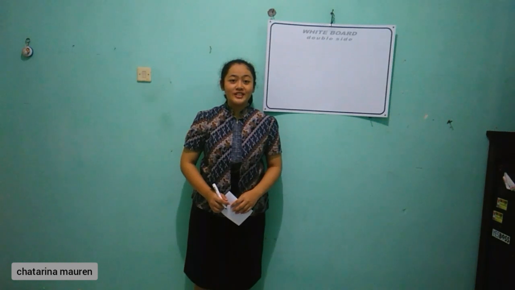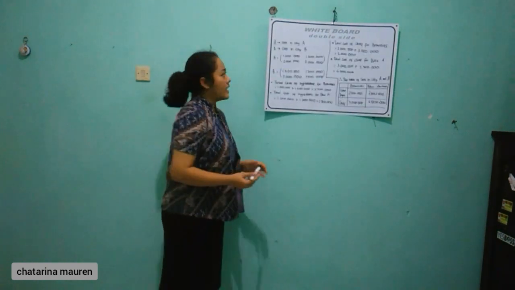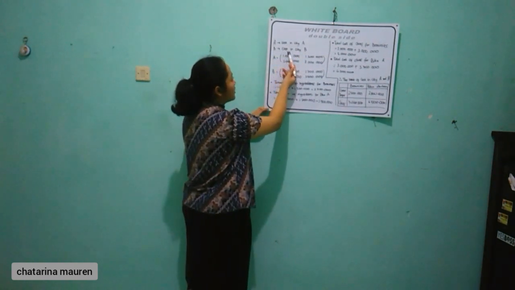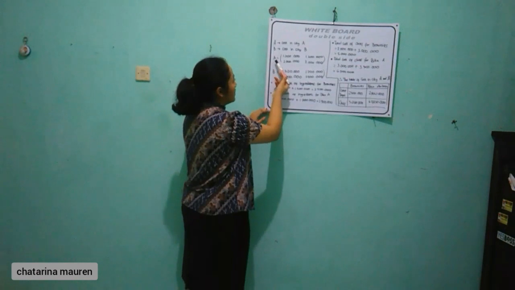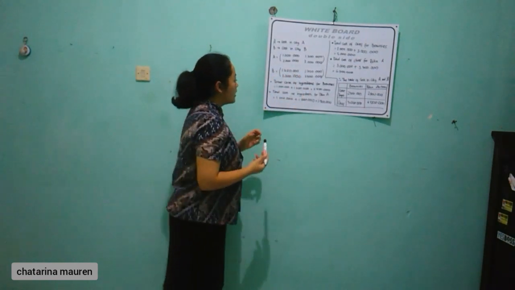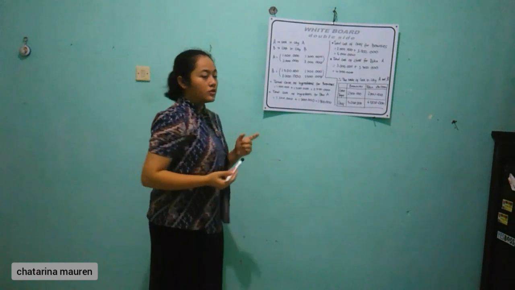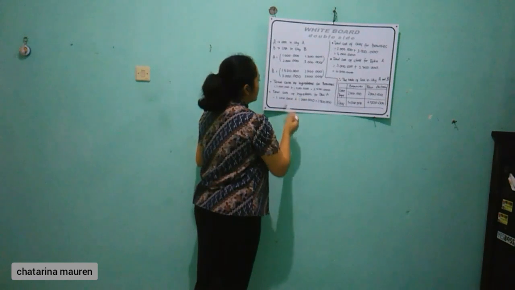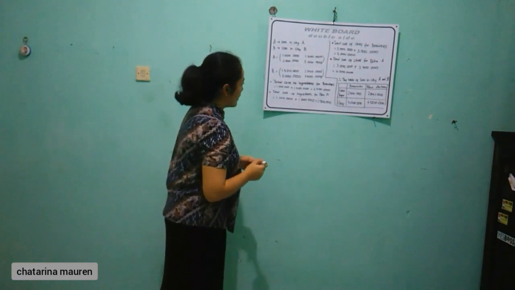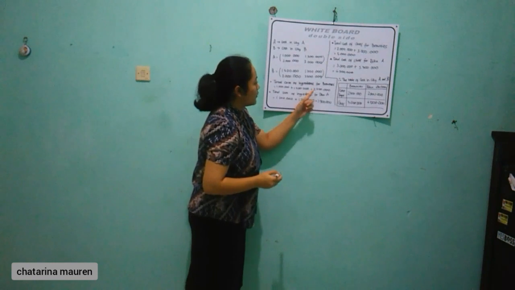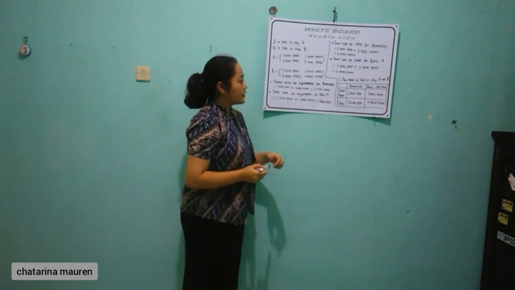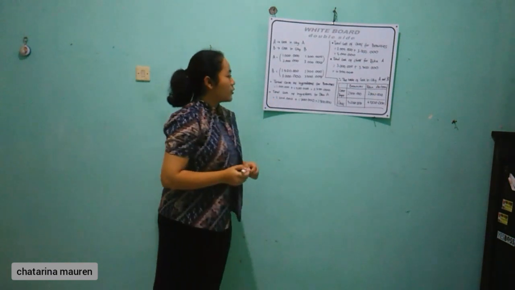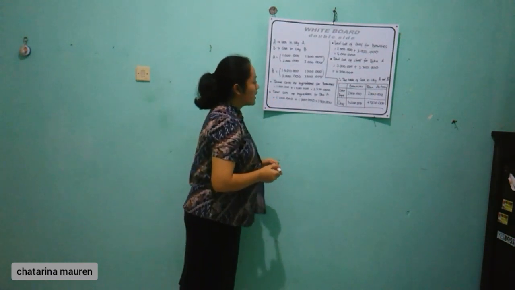Ma'am, I want to try to answer it. Here, suppose A is the matrix representing cost in city A, B is the matrix representing cost in city B, and the matrices are like this. The total cost in the two cities for the ingredients for brownies is 1 million plus 1.5 million equals 2.5 million, and for Bika Ambon it is 1.2 million plus 1.7 million equals 2.9 million.